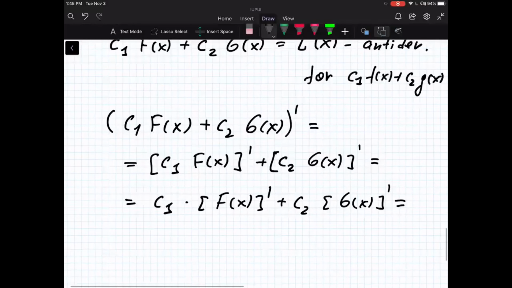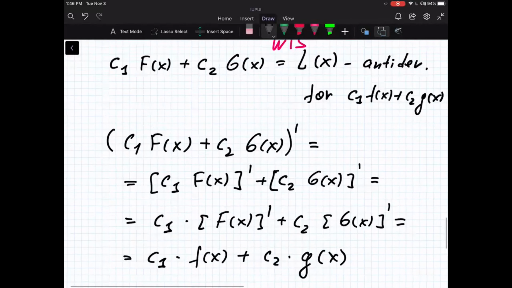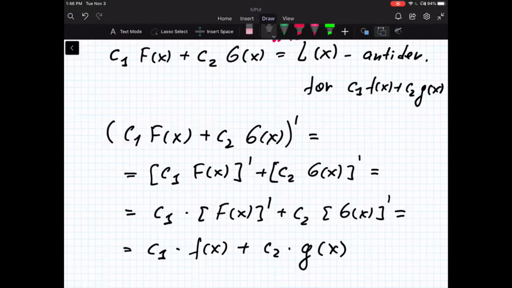But since capital F of x is an antiderivative for f, I indeed got small f of x, plus c2, the same story with capital G of x. So indeed, I got a function whose derivative gives me c1 times f of x plus c2 g of x.